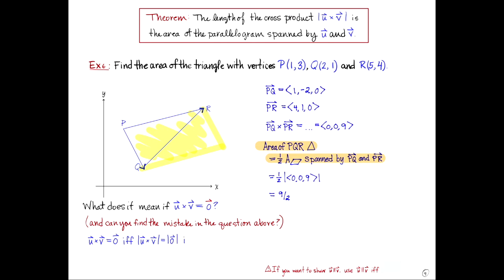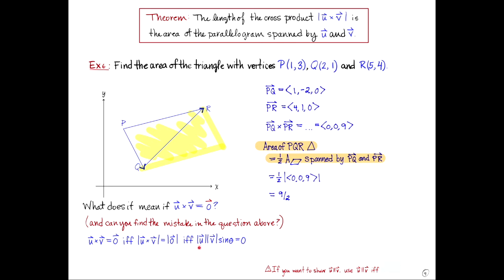This is going to be true if and only if the length of U times the length of V times sine theta is equal to 0. Since we know that the magnitude of U cross V is equal to the magnitude of U times the magnitude of V times sine theta, just subbing that in its place, and the magnitude of the 0 vector will be the scalar 0.